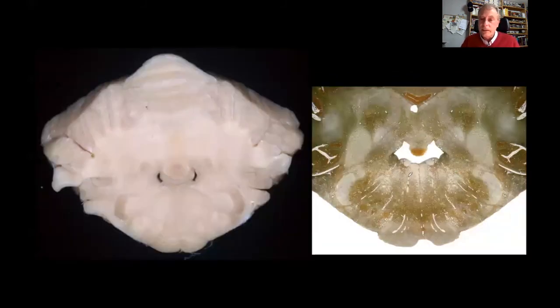For the next one, it's very similar. You can see here the spinal tract of the trigeminal nerve, the nucleus of the spinal tract of the trigeminal nerve here. These are the dorsal nuclei of the trapezoid body here that are involved in audition, okay?